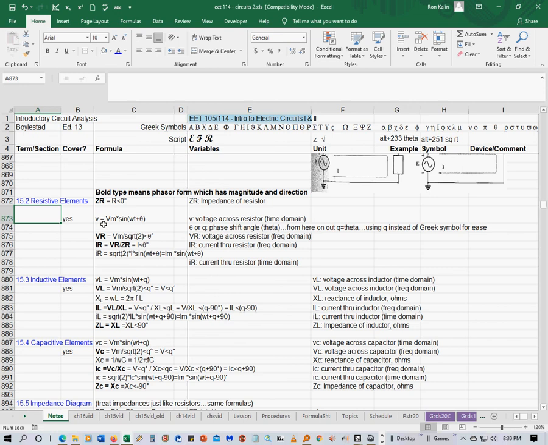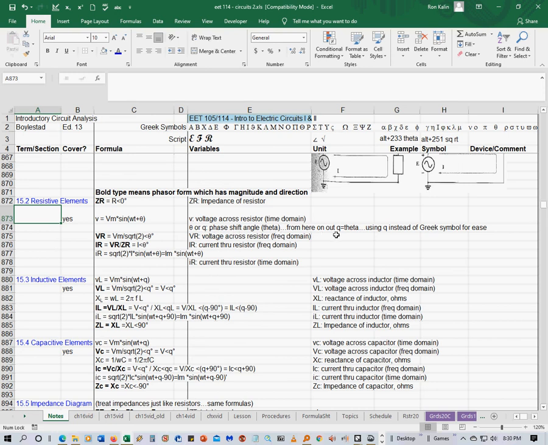Okay, so if we're given a voltage across the resistor in the time domain equal to V sub m times sine of omega t plus theta. I'm going to use theta or Q because Q is the Greek symbol in the symbols font for Excel for phase shift angle theta.